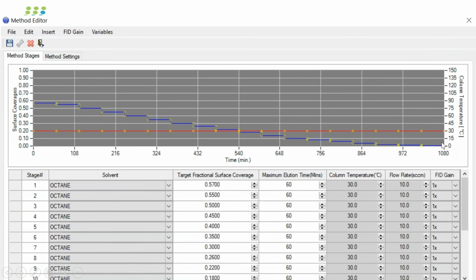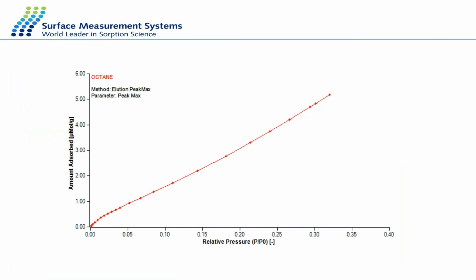There's just a practical reason why I choose the highest achievable surface coverage: the BET specific surface area can be determined in a specific relative pressure range. The BET relative pressure range is from 0.05 to 0.35. So once the first injection is performed in iGC-SEA, we can analyze it while the experiment is running.